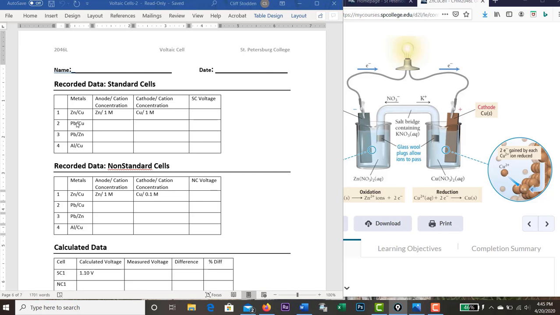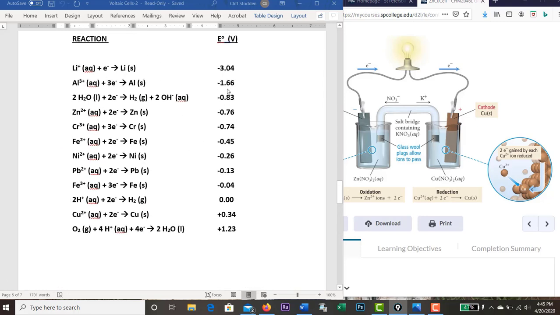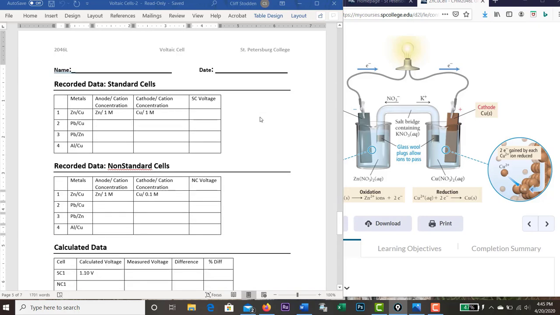For the lead copper, you would have to decide which one is the anode and which is the cathode, based on the half reaction voltages for the copper and the lead. Now in the actual lab report quiz, I show you the reaction in the forward direction, so I kind of do that for you as well. So that's what these tables are for, at least this first one.